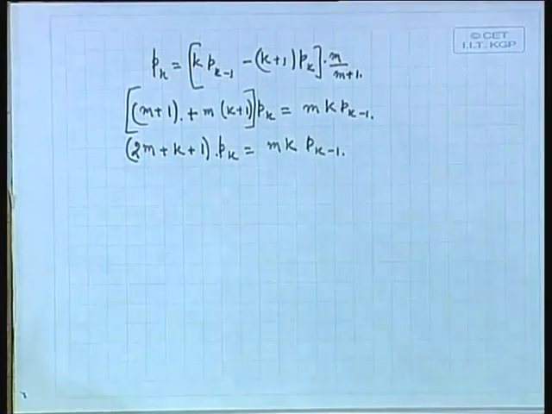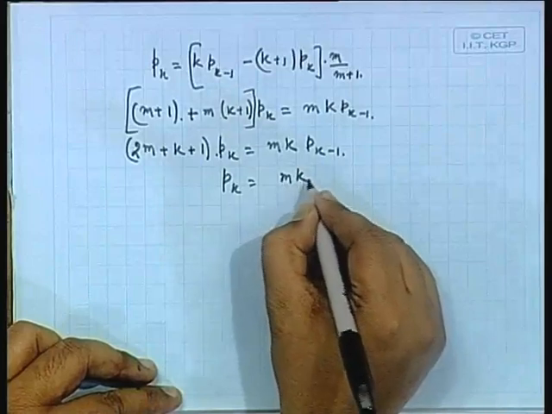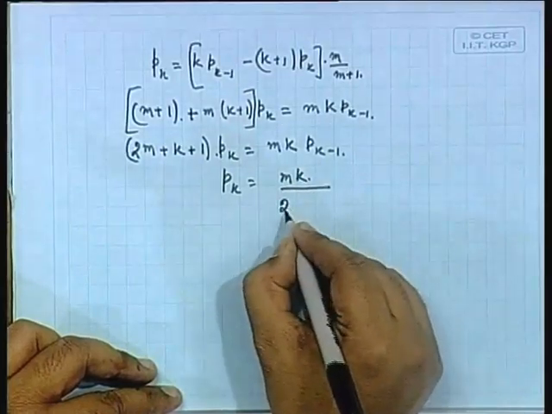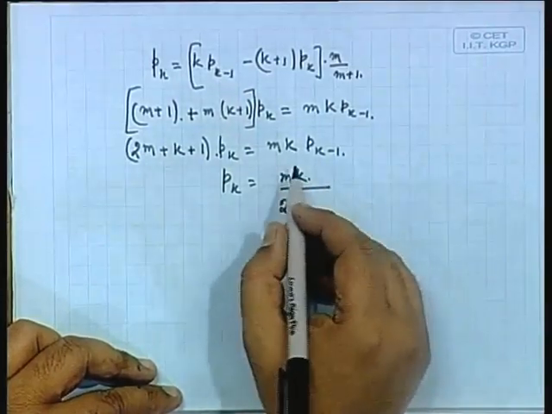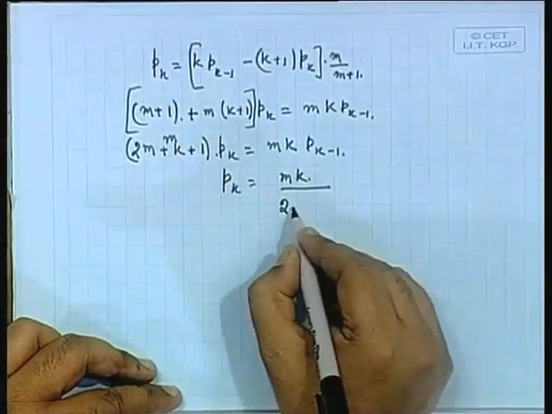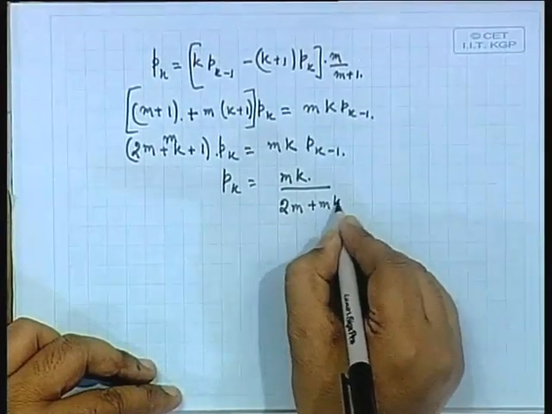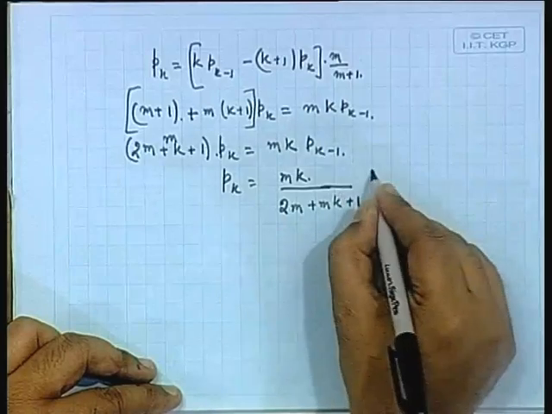Okay. So p_k is equal to m k, sorry, 2m plus k plus 1 times p_{k-1}.